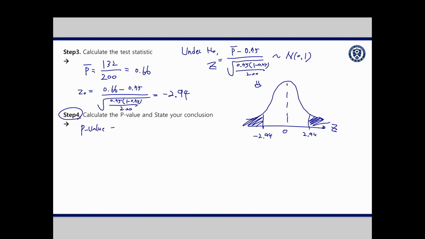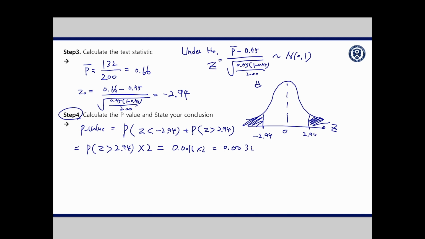So the p-value is calculated as 0.0016 multiplied by 2, equal to 0.0032.